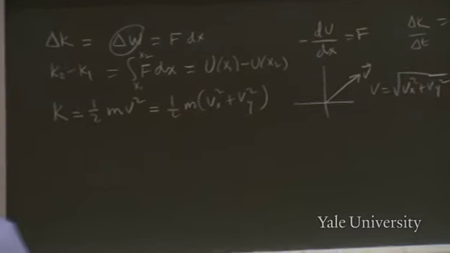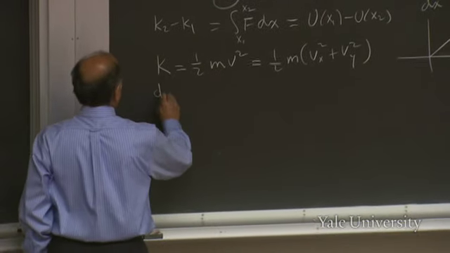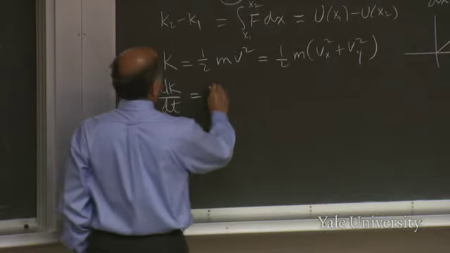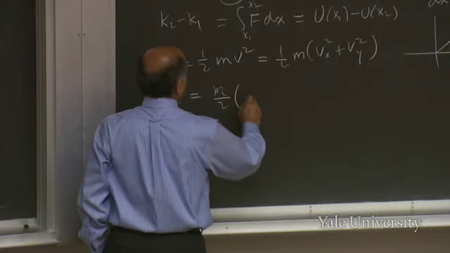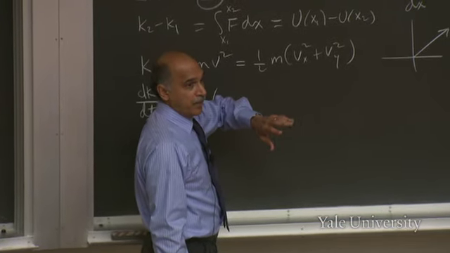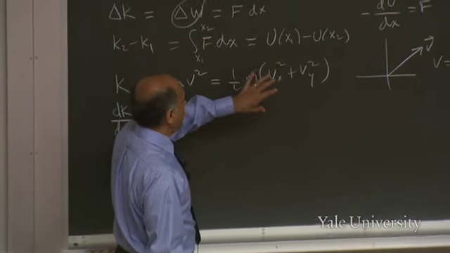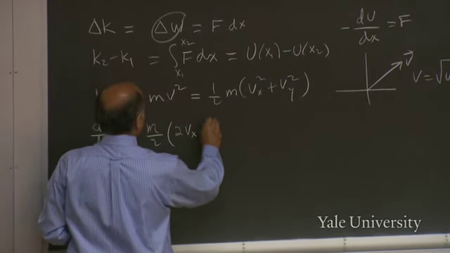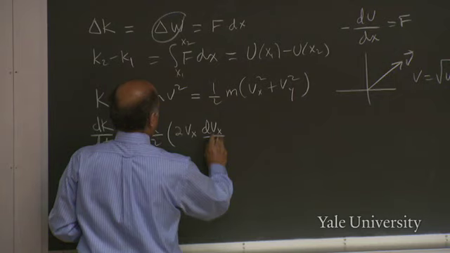Okay, so let's take the rate of change of this, dK/dt. Again, you have to know your calculus. What's the time derivative of vx squared? The rule from calculus says, first take the derivative of vx squared with respect to vx, which is 2vx, then take the derivative of vx with respect to time.